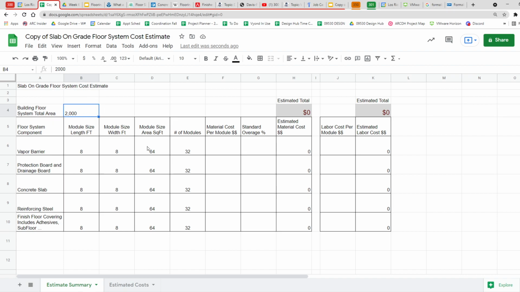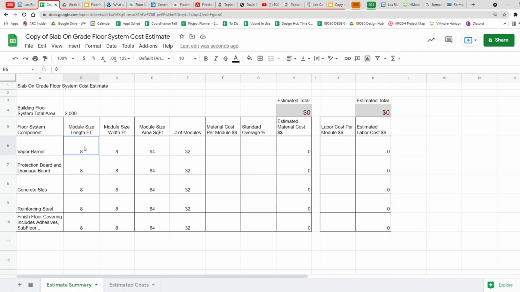Okay. So how many, and look, these don't need to be in the same module size either. My concrete slab might be in 20 foot by 20 foot pours. And my vapor barrier might come in 16-foot rolls, so I might make it 16 foot.